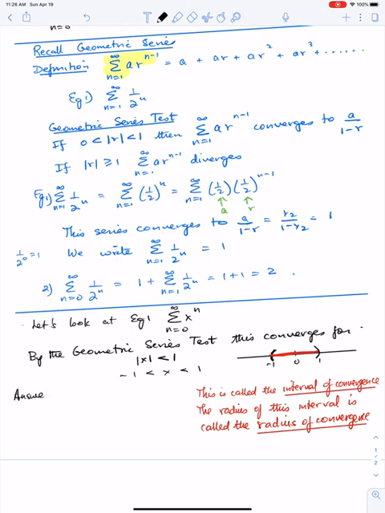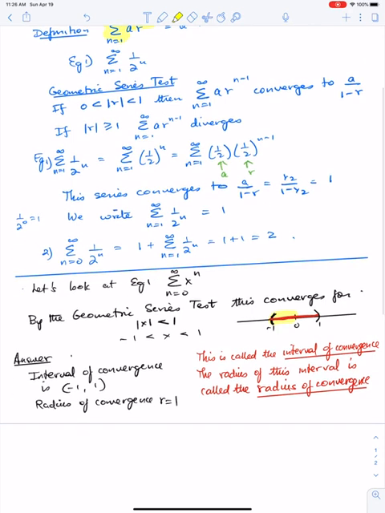Answer: the interval of convergence is -1, 1. Radius of convergence r equals 1. See, this would be the radius of convergence, the highlighted yellow portion.